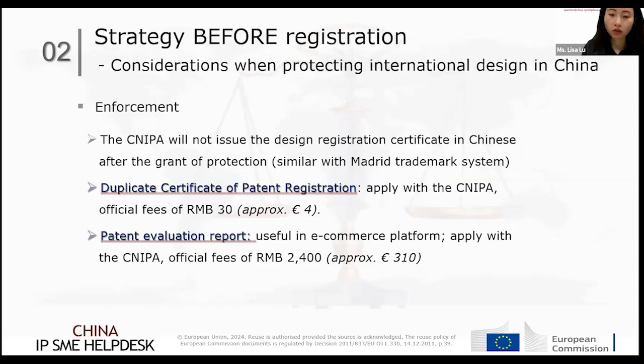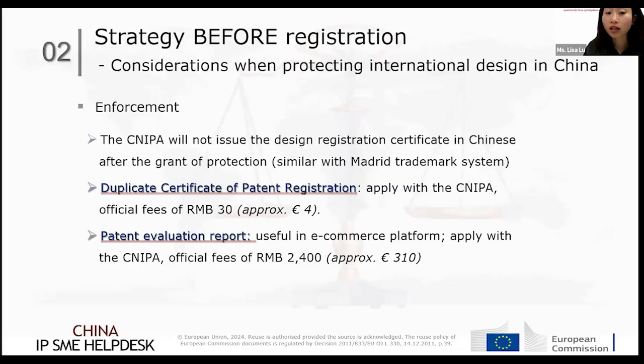If you don't have a Chinese employee or Chinese entity, and you don't want to do it on your own, you can always hire a patent attorney to do it. Then you should expect to pay the lawyer's fees, which will not be more than €4. The duplicate certificate is a must. You need to do it after you get the international design granted in China.